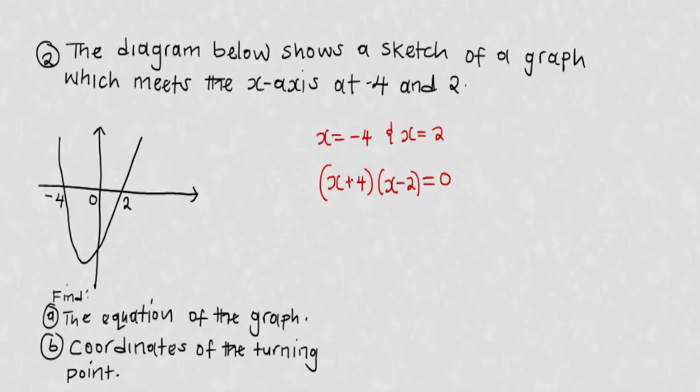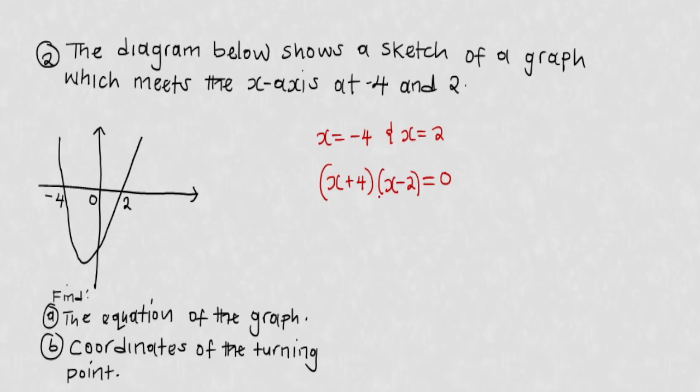So we're going to use this combination. We're going to multiply this so that we can find the equation. Remember, if we say x plus 4 is equal to 0, we're going to get x as negative 4. And if we say x minus 2 is equal to 0, we're going to get x as positive 2.